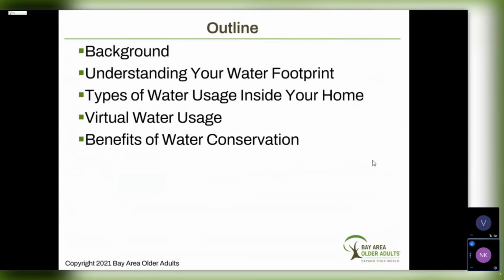We'll cover the major water uses inside your home, some standards for fixtures, and what well-designed products and fixtures look like. Then we'll talk about virtual water, what the concept is, and your virtual water usage. Finally, I'll end with some benefits of water conservation.